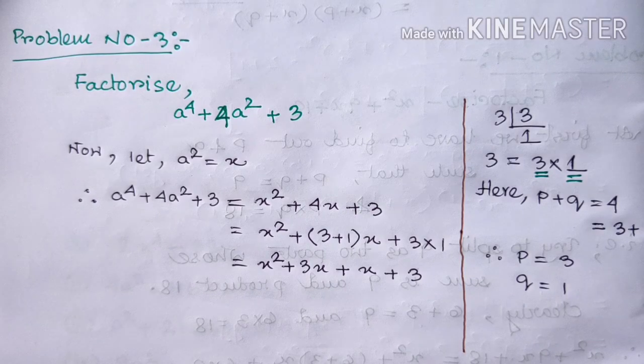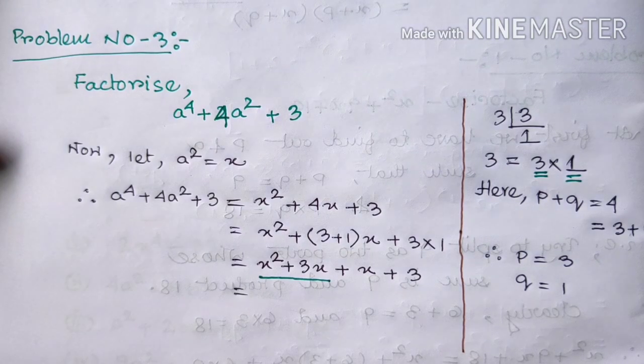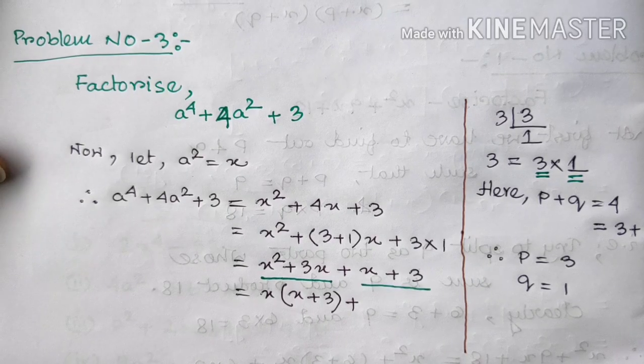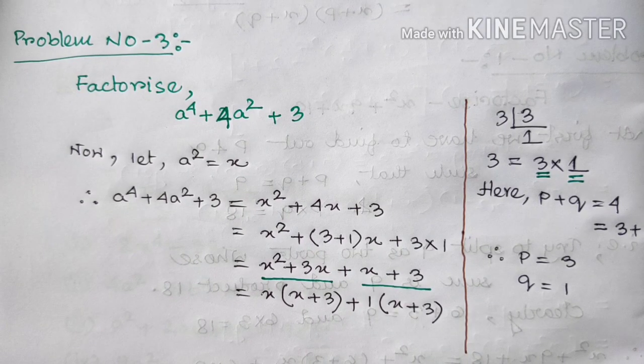By simple multiplication we get x square plus 3x plus x plus 3. Now taking x common from the first two terms we get x into (x plus 3), and taking 1 common from the remaining two terms we get 1 into (x plus 3).